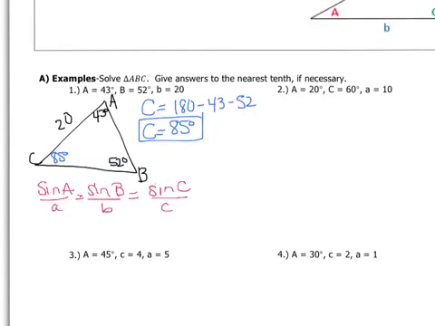Remember that the capital letters are angle measures, so your angles A, B, and C are going to go on top. Side lengths go down on the bottom.